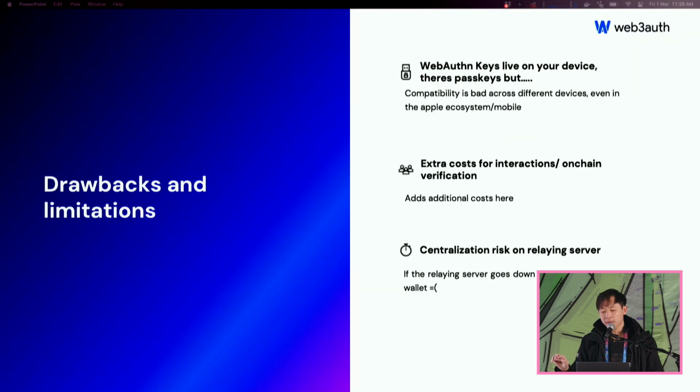So your passkey is dependent on that specific domain to be used. If this domain goes down, they can't steal your money, but you basically can't use your passkey anymore.